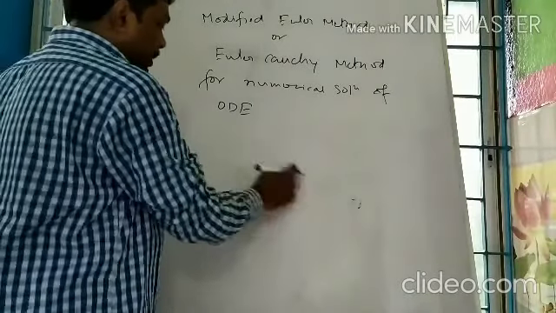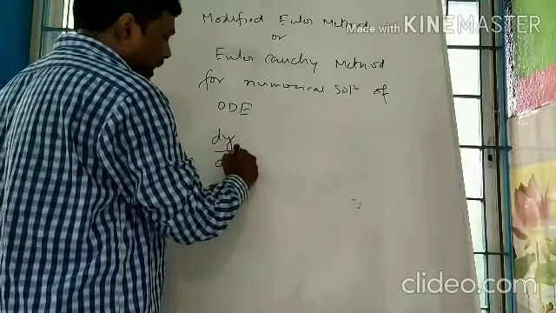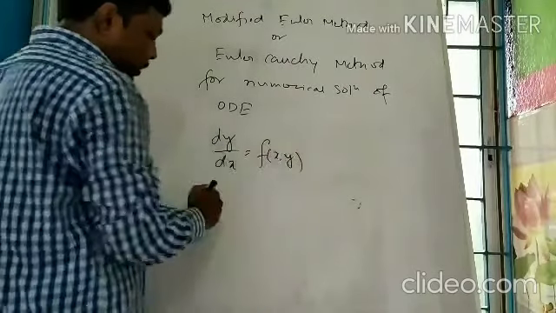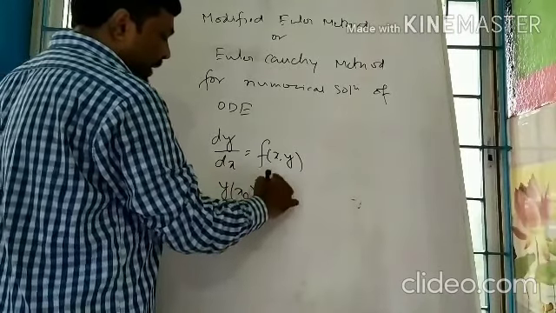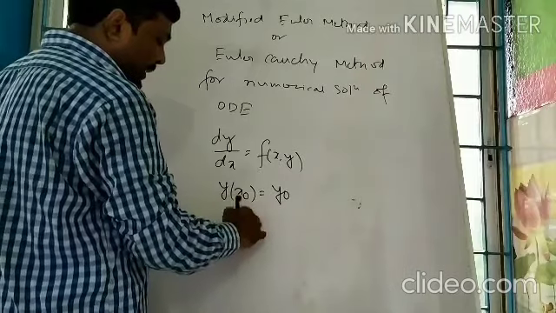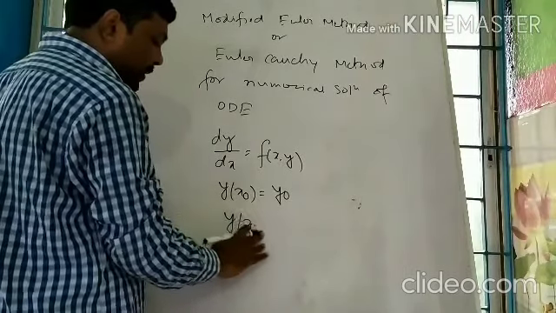ODE differential equation. Suppose you have a differential equation of the form dy/dx equals f of x comma y, with initial condition at the point x0. At the point x0, the value of y is y0. At the point xn, what is the value of y?